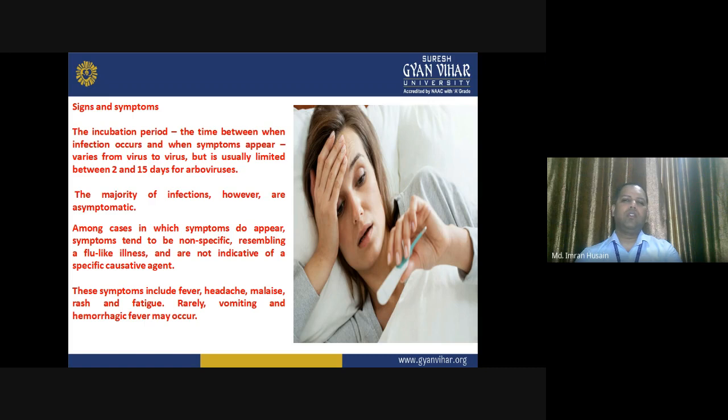So initially, the individual is not at all aware whether he is having a common flu or a specific type of disease. These symptoms include fever, headache, malaise, rash, and fatigue. Rarely, vomiting and hemorrhagic fever may occur.